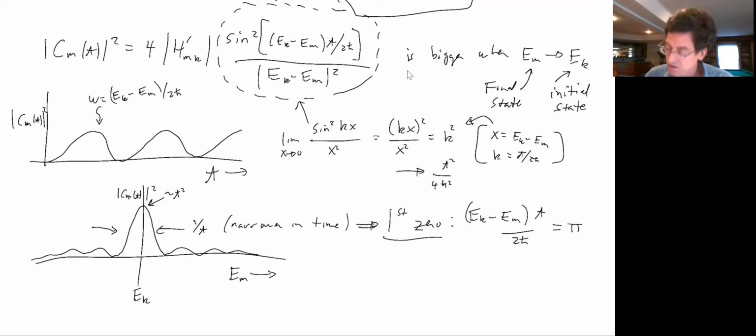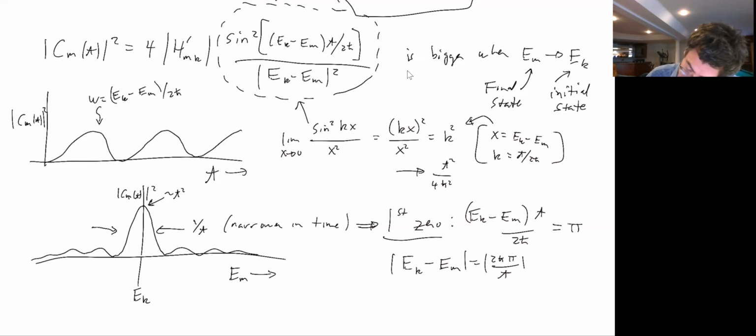Because sine of pi is 0. And so that's going to be when ek minus em is equal to 2h bar pi over t. And so I can see that this absolute value equals absolute value of that.